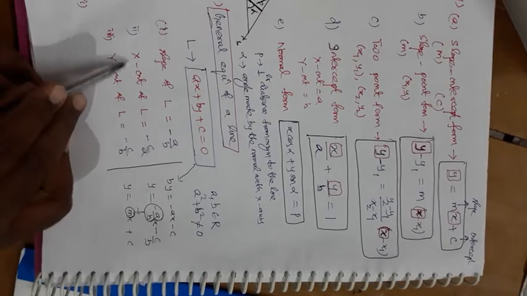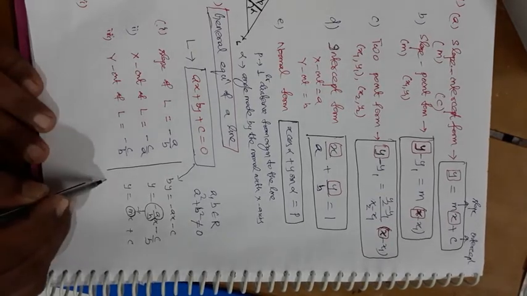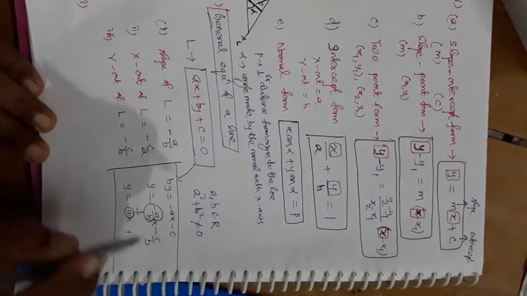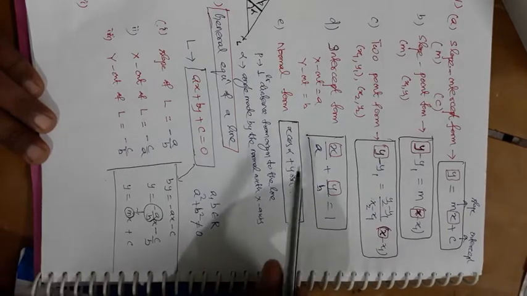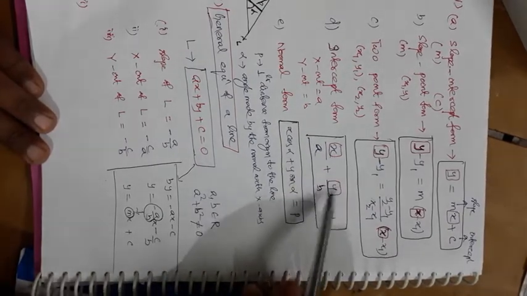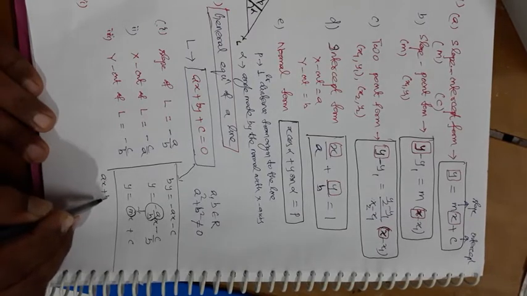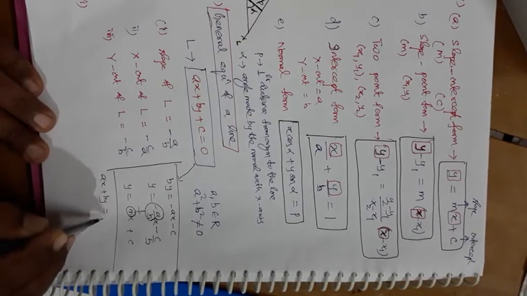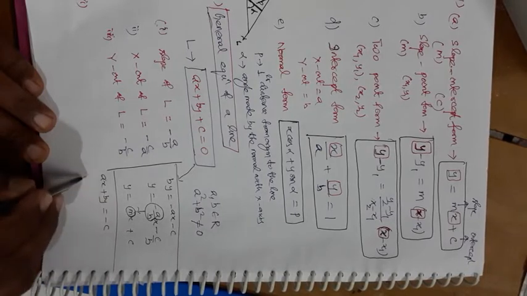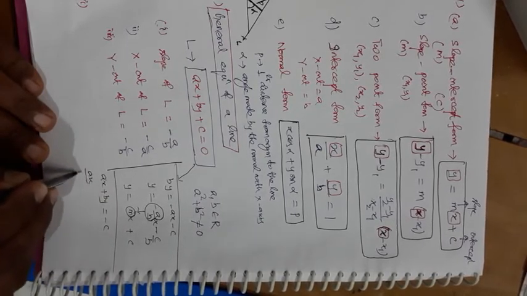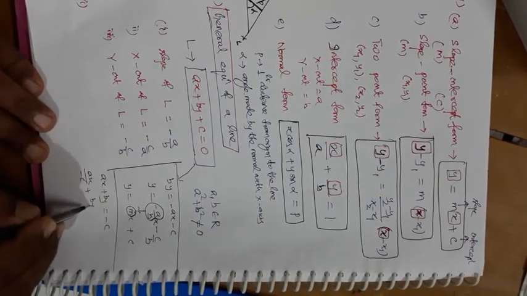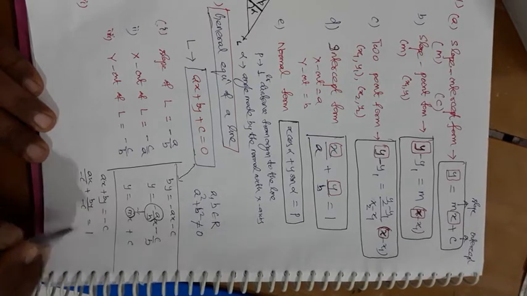Then tell me, what about the x intercept and y intercept? As we know, the equation of a straight line in intercept form is x by a plus y by b is equal to 1. So ax plus by is equal to minus c. Divide by minus c: ax by minus c plus by by minus c is equal to 1.